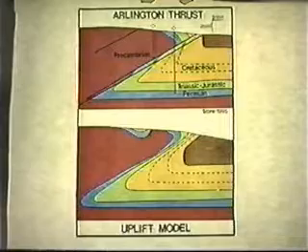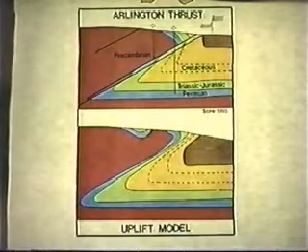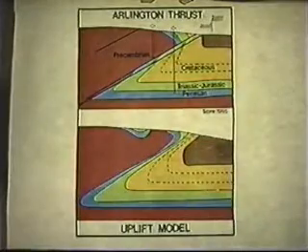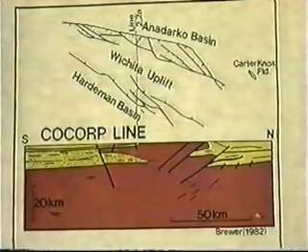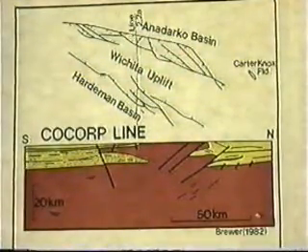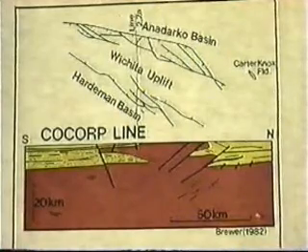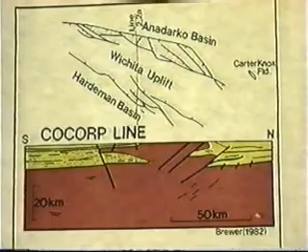For the next comparisons, we will move to the Wichita uplift area shown earlier. Along the Wichita uplift, the Anadarko can be considered a deep frontal basin, and the Hardman Basin to the south an elevated back basin.